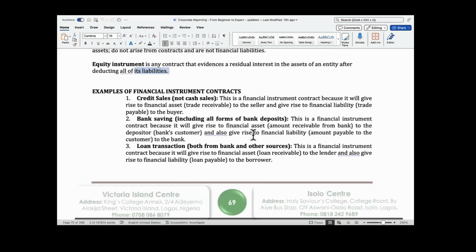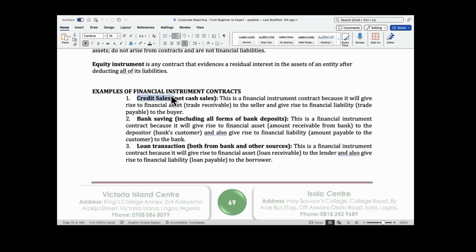And for my explanation so far, examples of financial instrument contracts could be credit sales, not cash sales. Credit sales is a financial instrument contract because it meets that definition of financial instrument I gave you. I said that financial instrument is a contract that gives rise to financial asset of one entity and financial liability or equity instrument of another entity.